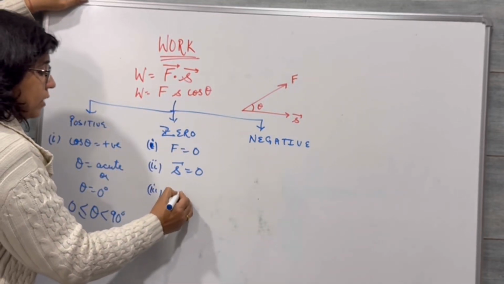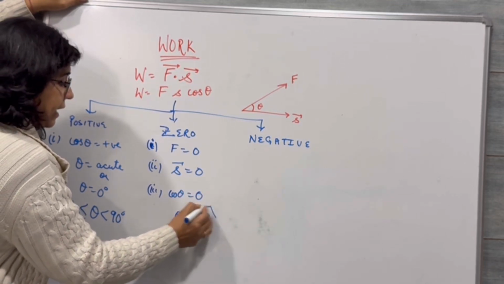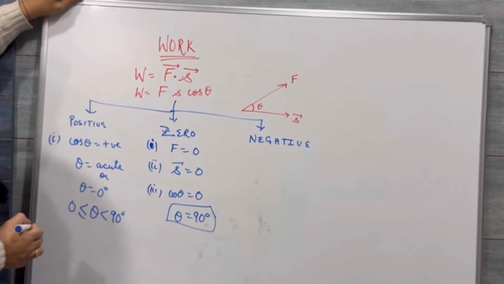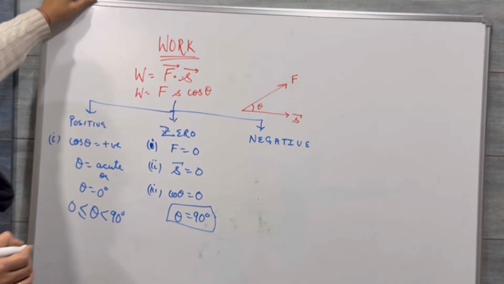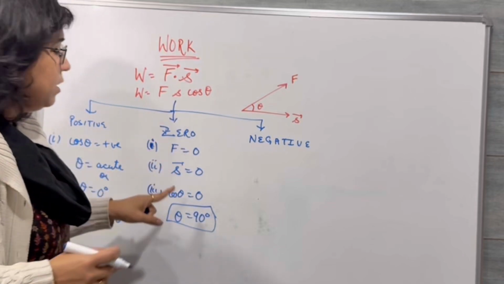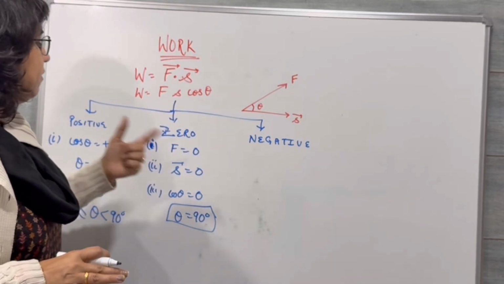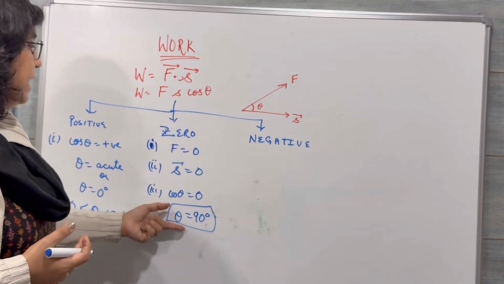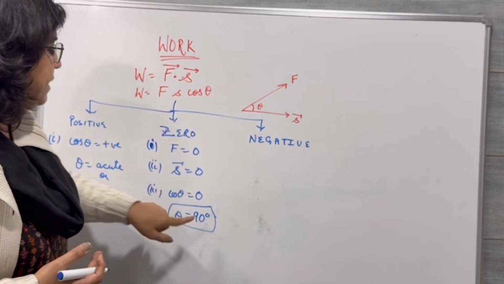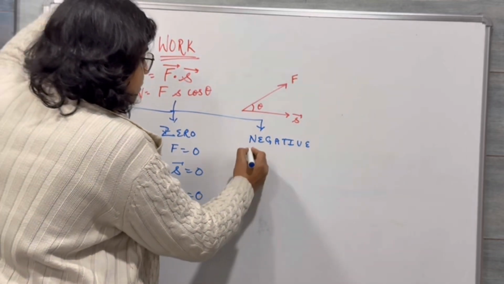Or your cos theta is 0, that means theta is 90 degrees, then your work done will be 0. Force applied is 0, no force, no work. Or you come back to your original position, even then the work done will be 0. Or the angle between force and displacement is exactly 90, then your work done is 0.